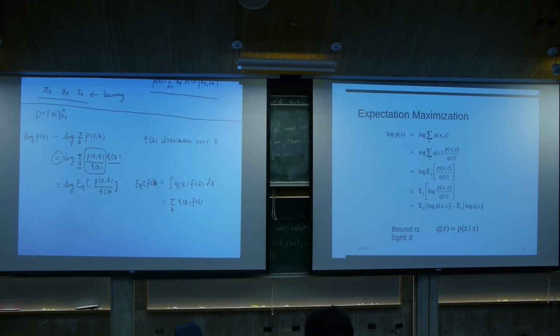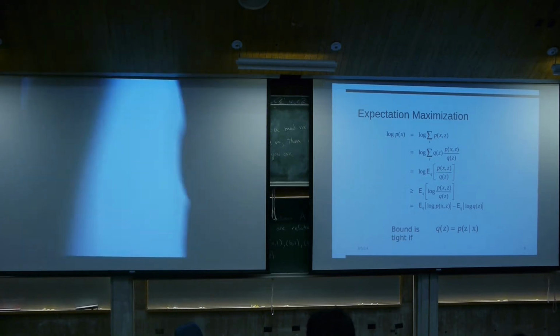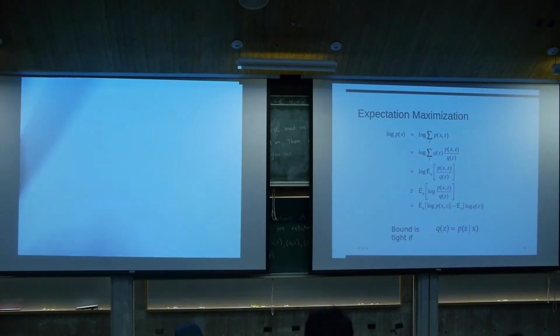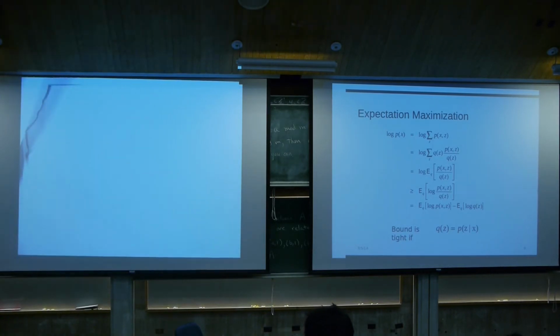So given this, next we are going to apply Jensen's inequality. I'm not sure, in the convex optimization recitation, did you cover Jensen's inequality?